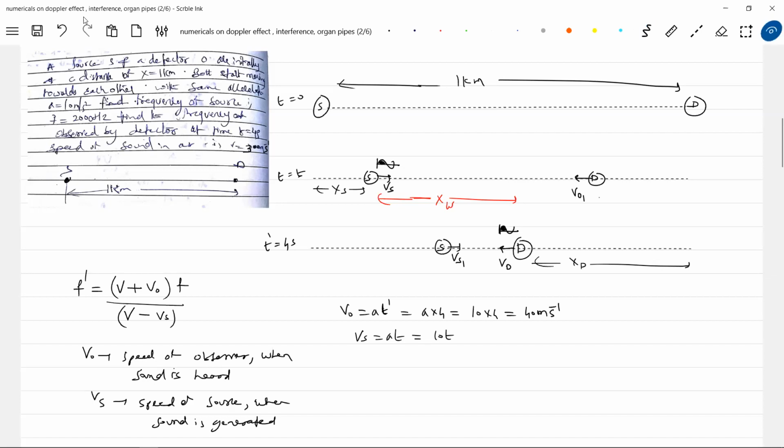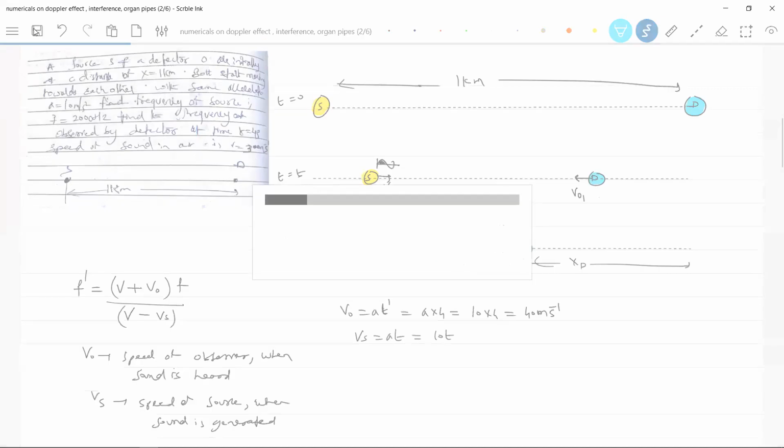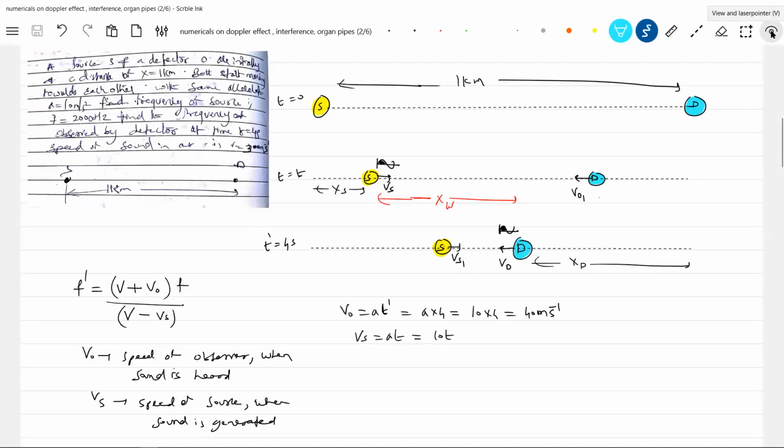How to find out that T? Anybody? Look at the diagram and analyze how to find out that time T. I have this 1 kilometer. You can write it as xs plus xw plus xd.